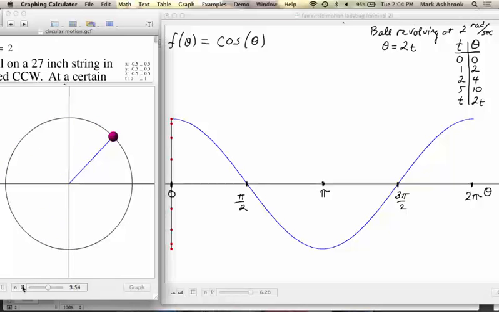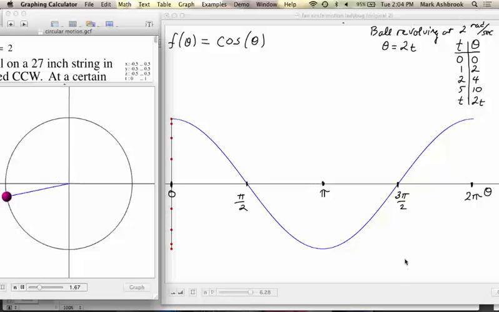As that angle continues to increase, we'll get another cycle that will start at 2 pi and end at what? John, what will it end at? So this second cycle will start at 2 pi and end at? John? 4 pi, right. Okay.